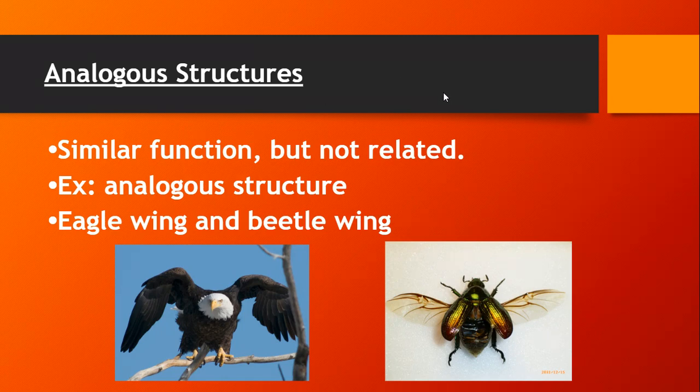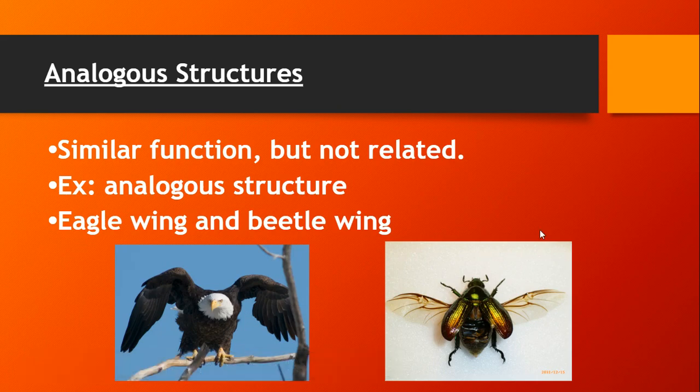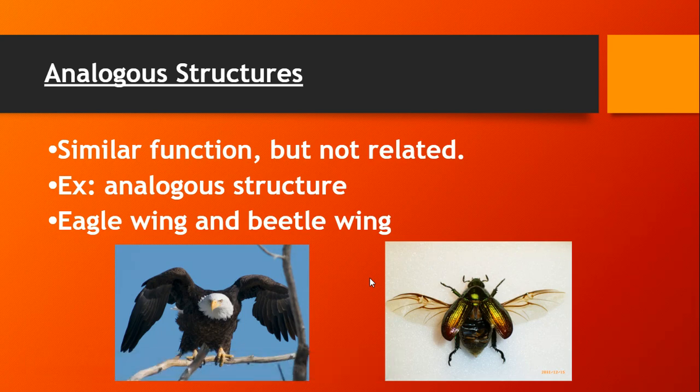So a common one for this is wings. So eagle wings and beetle wings, they both have wings and they both enable them to fly, but they are very different structures. Beetle wings are made out of some kind of protein, whereas eagles' are made out of feathers and bones and muscle, much different from one another.